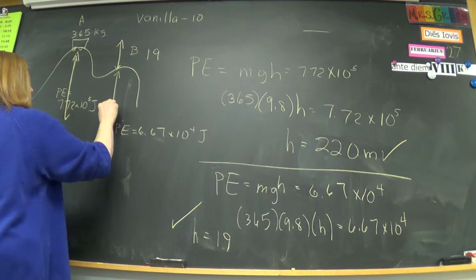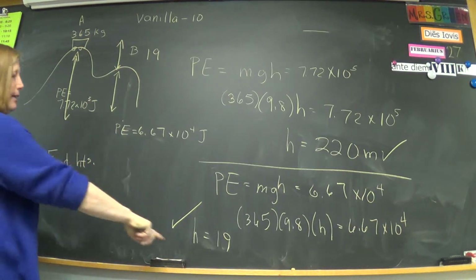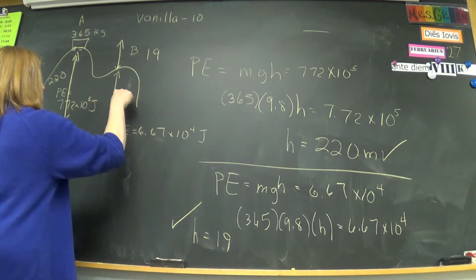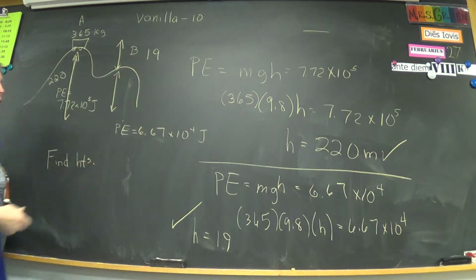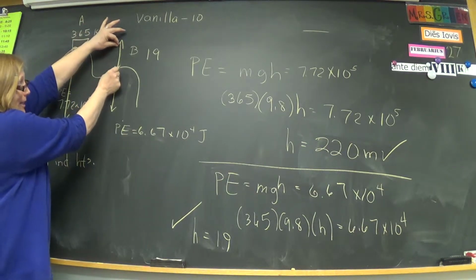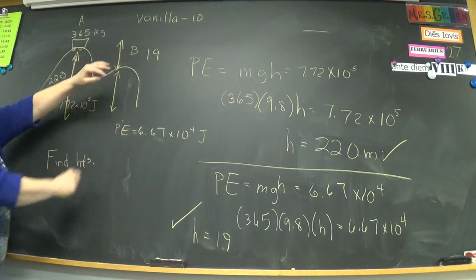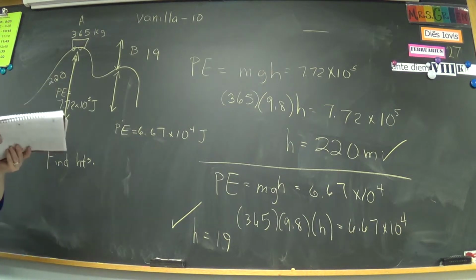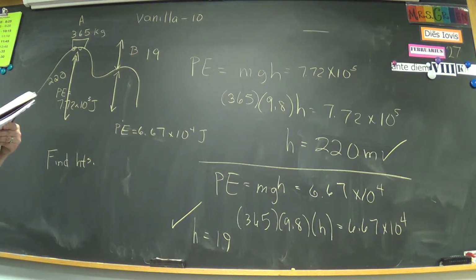So then how do we finish, Hannah? If this hill was 220, and this spot was 19, how do we get the remaining answer? Do you add them or subtract? We know this, and we know this, and we need this. Then you subtract. Would you subtract 19 from the first? Yes. So what is 220 minus 19? 201.